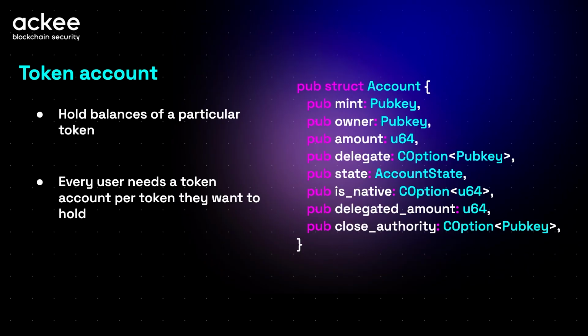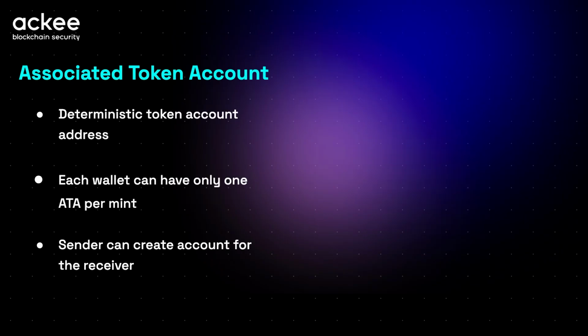The reason why the type is u64 is that if the token is native, so it is wrapped SOL, then the value will represent the number of lamports the account needs to stay rent exempt. The last field is the close authority, which is pretty self-explanatory. It is the address of the account that is authorized to close the token account.